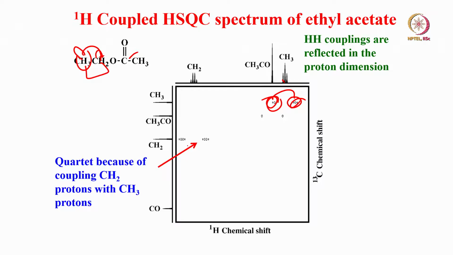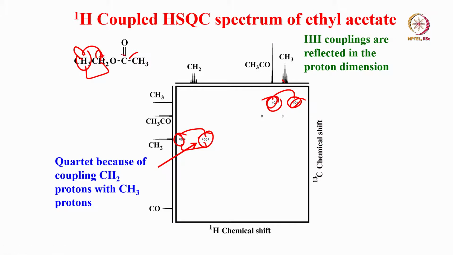Now coming to this CH2, 1 bond CH coupling is here, and each of them is a quartet because it is coupled to CH3. When CH2 is coupled to CH3, it is a quartet. When CH3 is coupled to CH2, it is a triplet. That is what you are seeing, proton couplings.